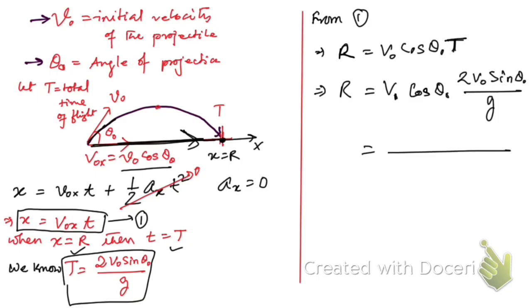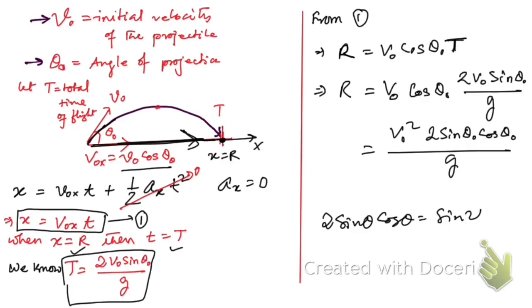So here you see v naught into v naught becomes v naught square. So let me write this properly: v naught square, then 2 sin theta naught cos theta naught divided by g. We have a formula in trigonometry, 2 sin theta cos theta is nothing but sin 2 theta.